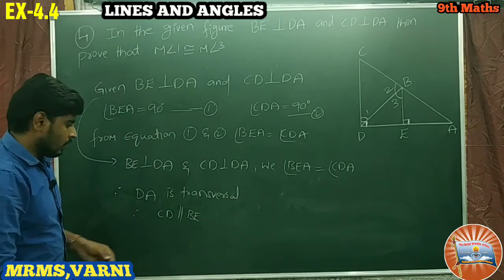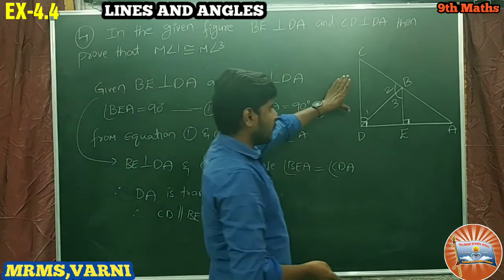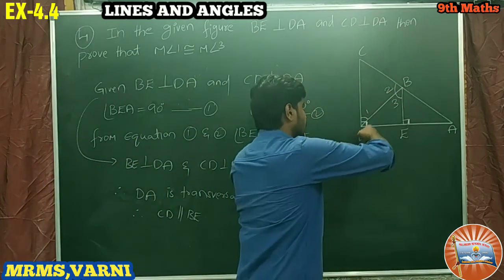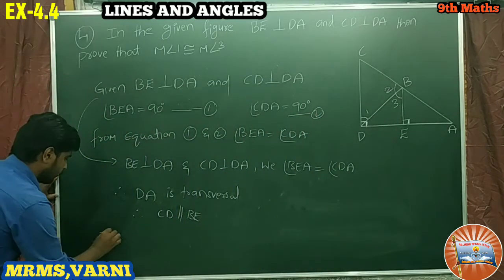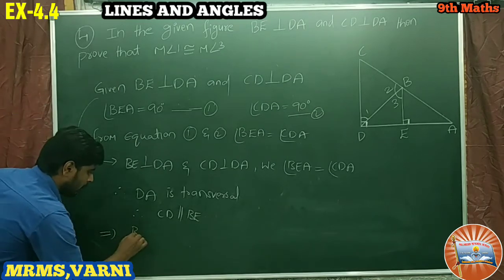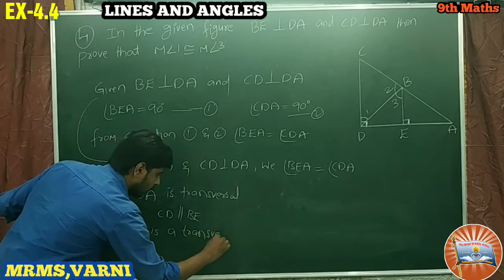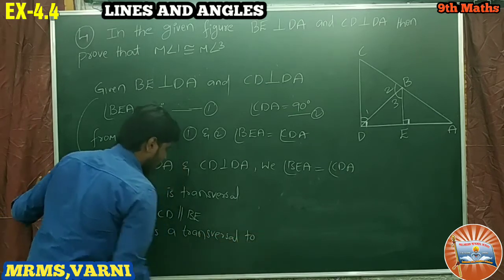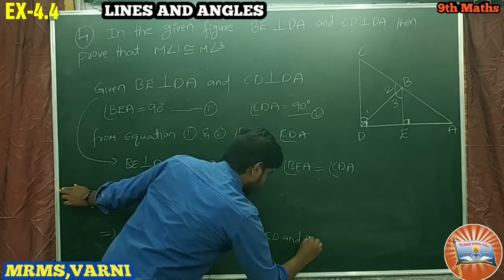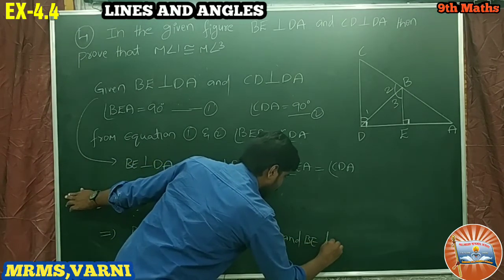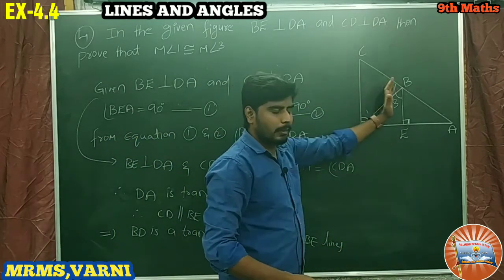Is it clear? CD is parallel to BE. Now if CD is parallel to BE, then BD is a transversal to the lines CD and BE.